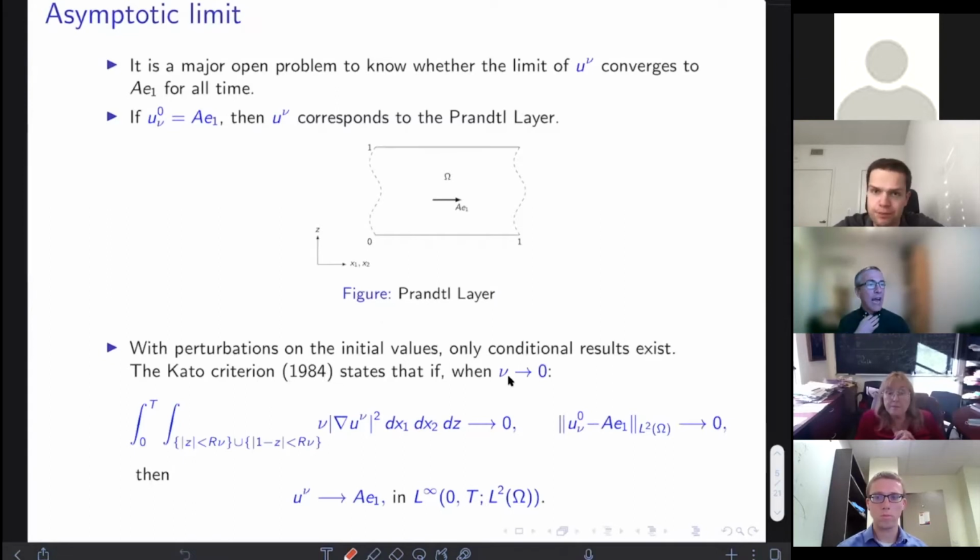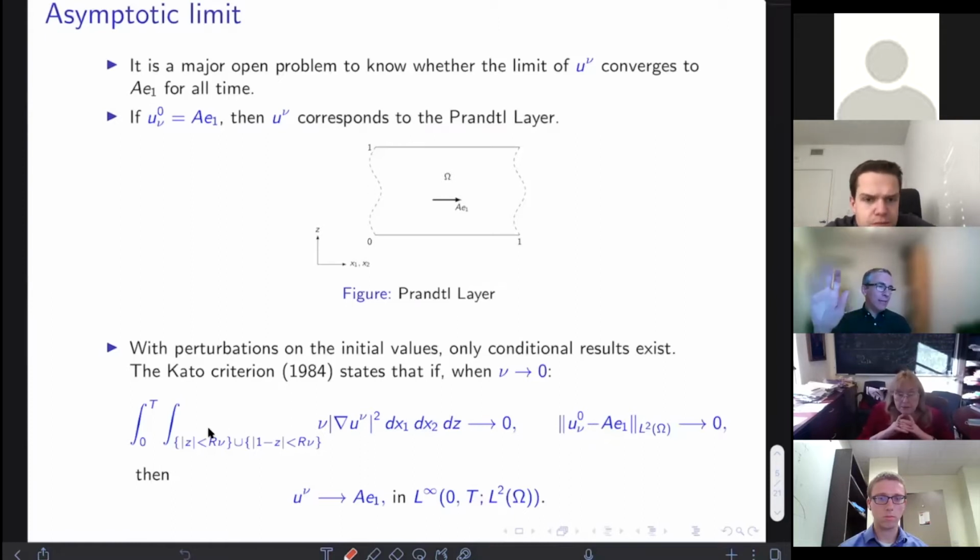It says that when you converge to 0, your initial value converges to the shear flow, and you converge to the shear flow under the condition that there is no dissipation very close to the boundary. Already you can see that something really non-trivial is happening.